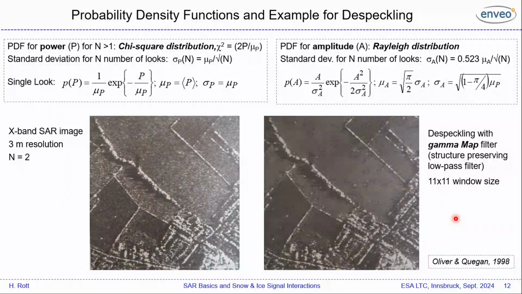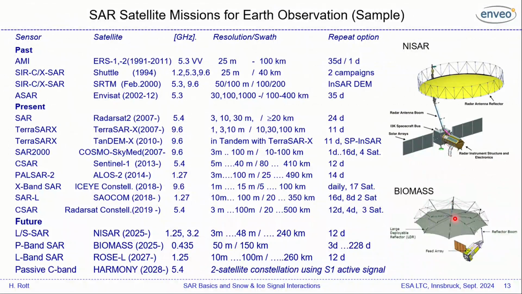And very much development has been going on since that time because of the many different SAR sensors which came up during the last years. Now, this is an incomplete, but still some example or listing of SAR missions for Earth observation.